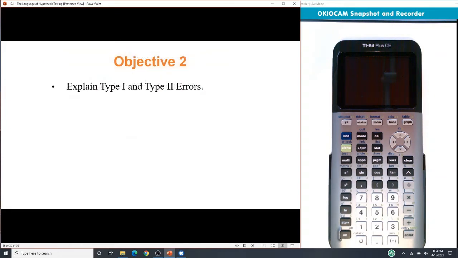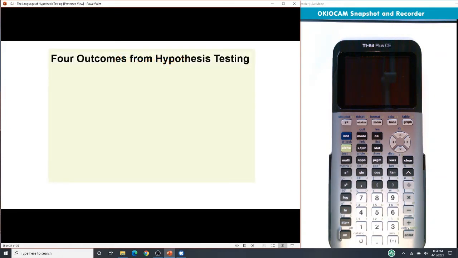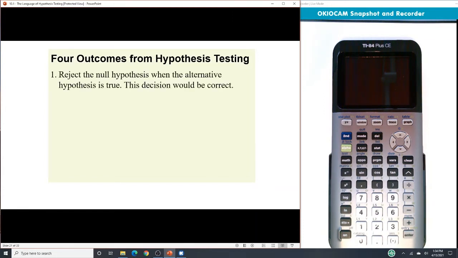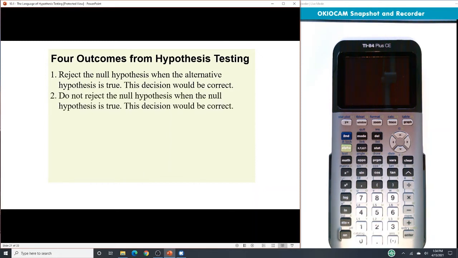Now there are some errors that can happen here, and so we want to look at where the errors are and what are all the total outcomes. Our first two here are not errors. These are actually true outcomes. First, we can reject the null hypothesis when the alternative hypothesis is true. So that's a correct decision. Now we're not going to say we accept the alternative hypothesis.